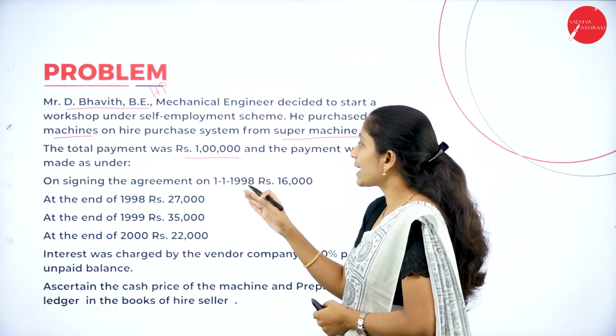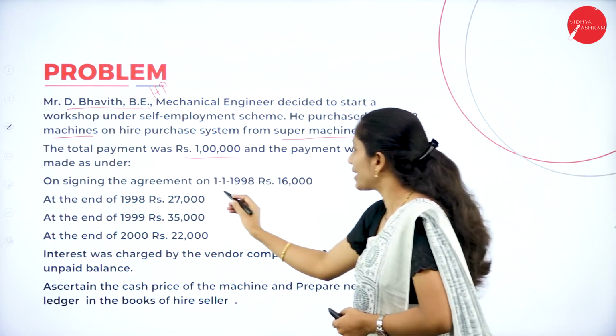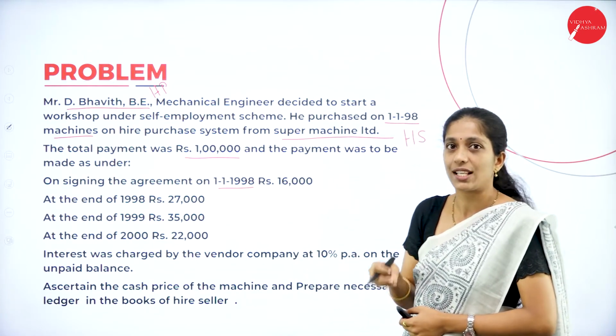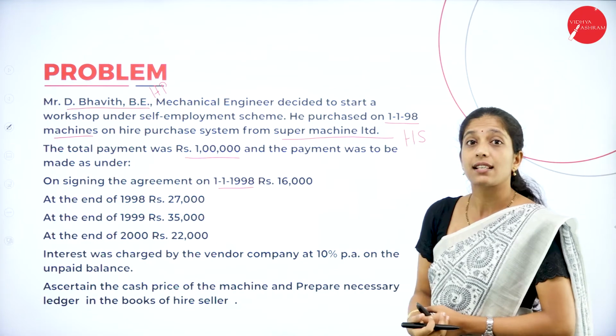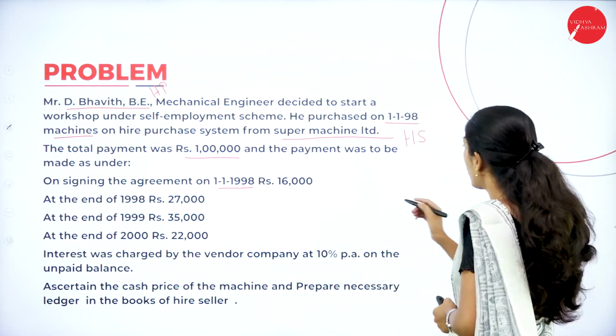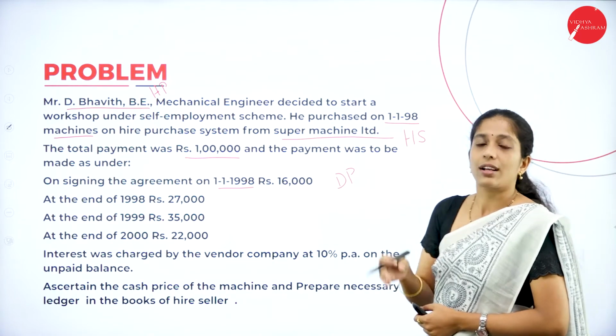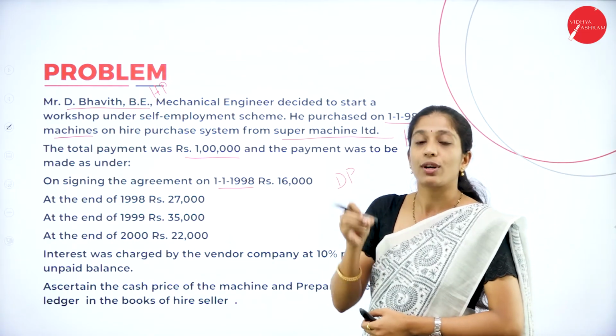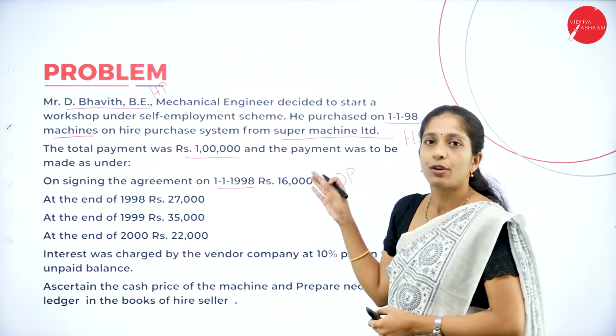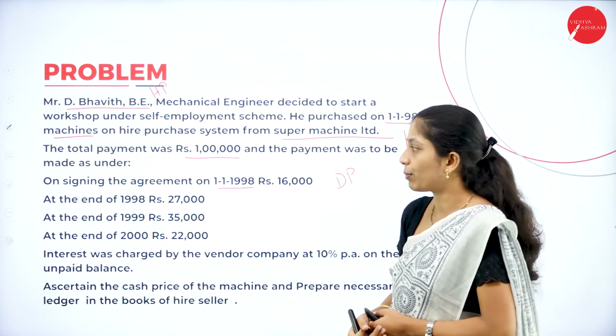So on signing the agreement on 1-1-98, that is on the date he purchased that machine, he paid rupees 16,000. So what is this? This is the down payment. On the signing of that agreement, he has given rupees 16,000 as down payment.